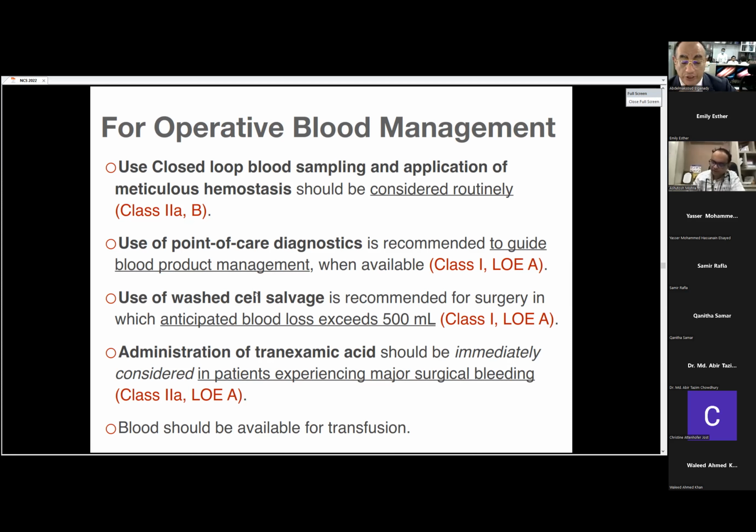This is very important to reduce blood transfusion, and this is class 1 indication level of evidence A. And the most important medicine to be available is tranexamic acid, and it should be given to all patients who develop bleeding intraoperatively to minimize blood transfusion and to minimize the cardiovascular risk.